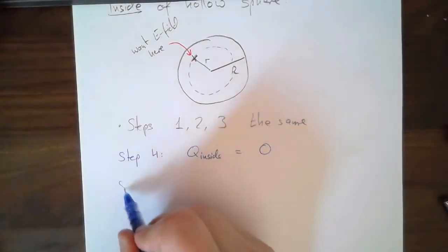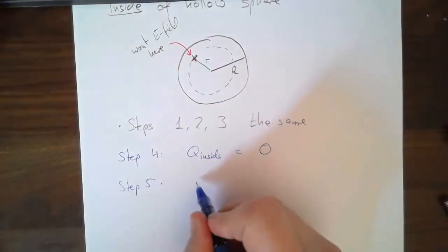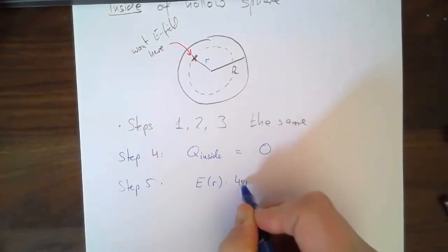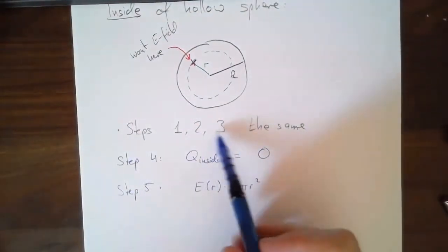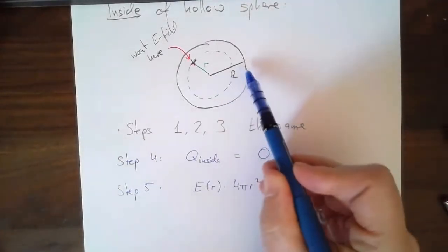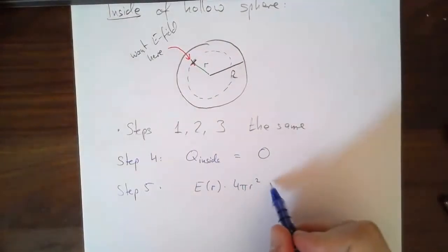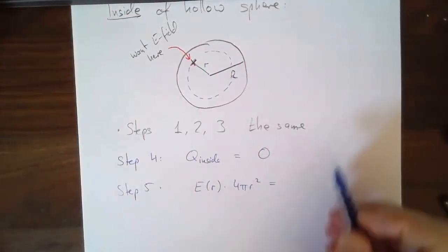So that means step 5, we get Gauss's law. Gauss's law says electric field at radius r times 4 pi r squared, which comes from steps 1, 2, and 3 just as before, and hasn't changed just because r is now smaller than the radius of the charged sphere, is equal to 0 divided by epsilon naught.